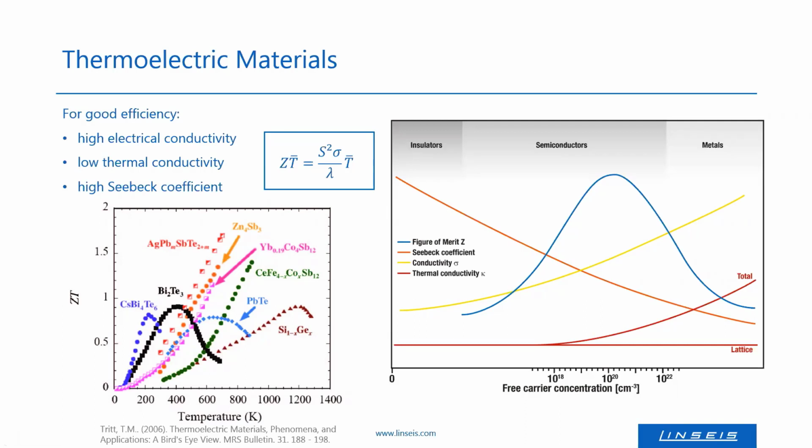So this means for a good efficiency, one wants to maximize the power factor. The power factor is here the numerator of this formula, and one tries to reduce the thermal conductivity as much as possible.